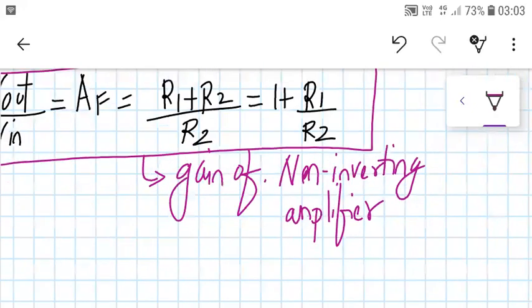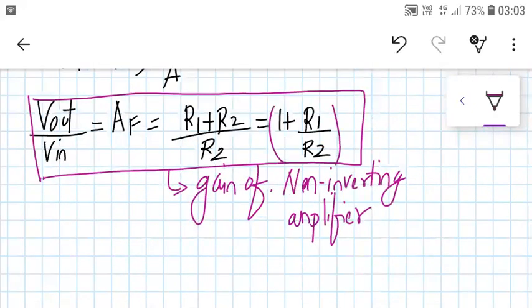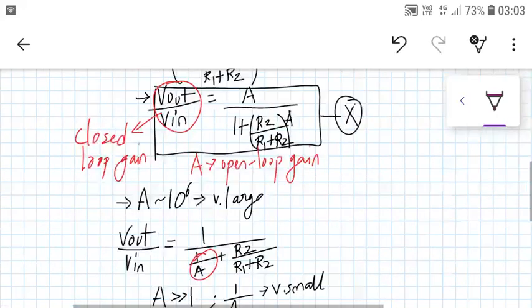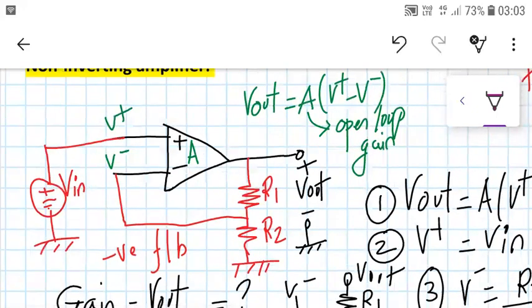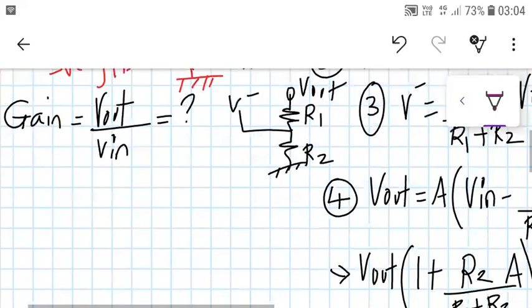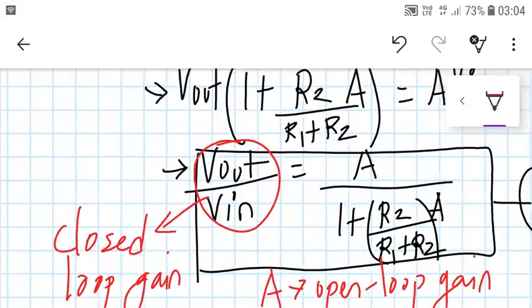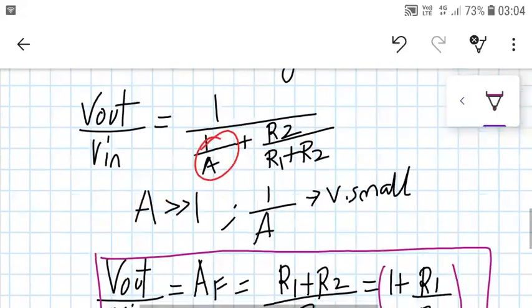So now let us understand why it is named the non-inverting amplifier. The input is applied to the non-inverting terminal, and that's the reason why it is called a non-inverting amplifier. Also, from the output expression, we know that there is no negative sign present.